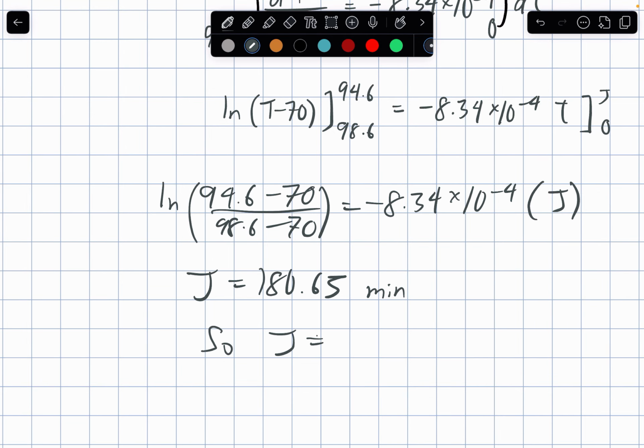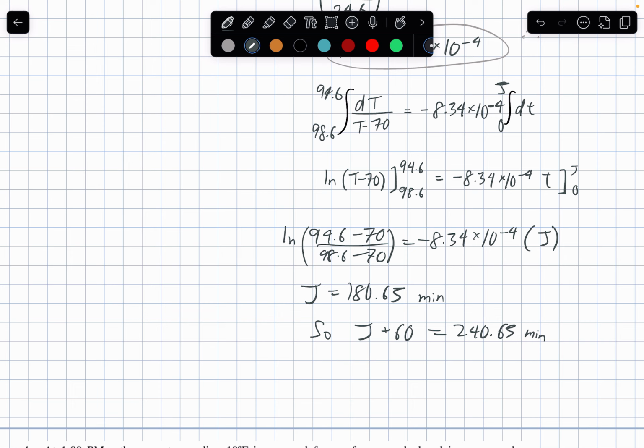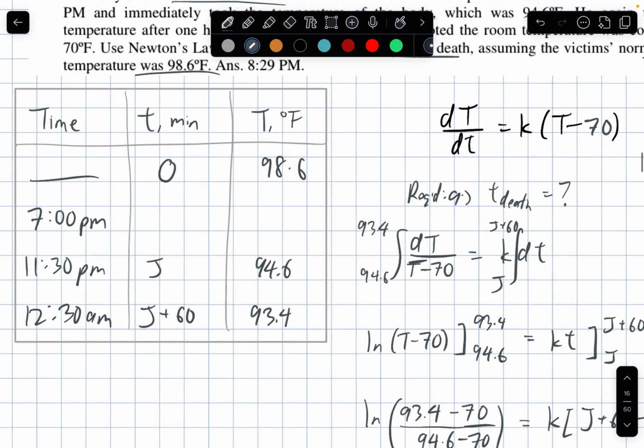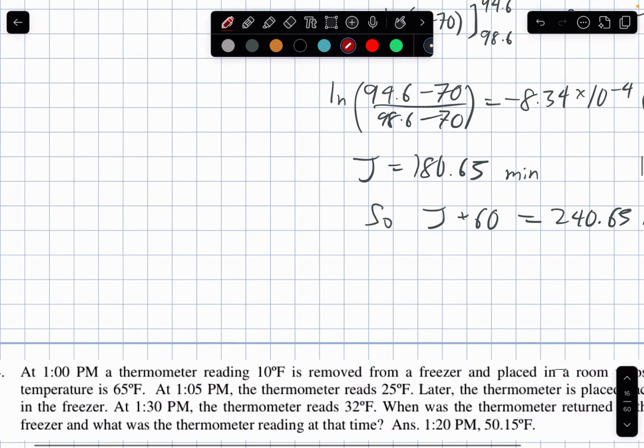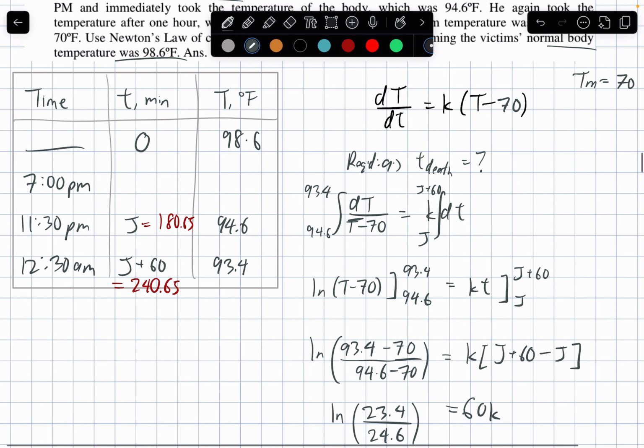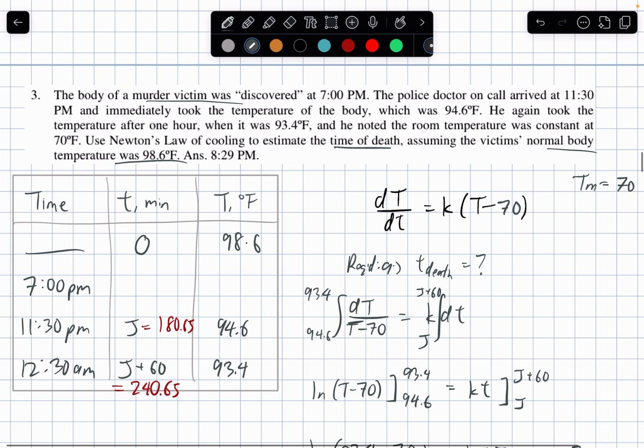So J plus 60 is equal to 240.65 minutes. Okay, so we now know our unknown values.